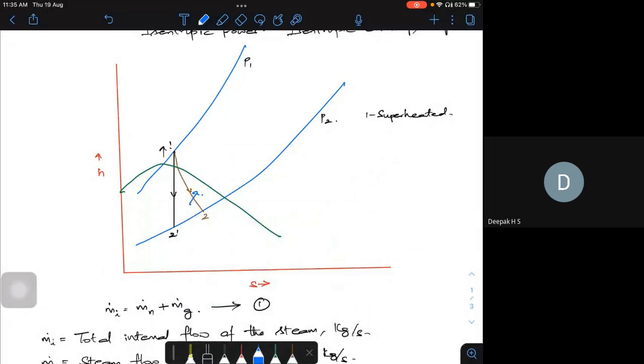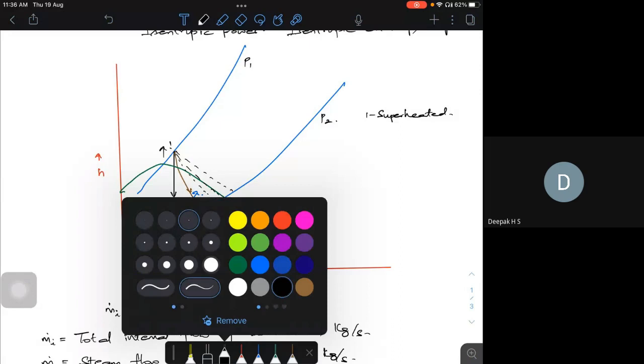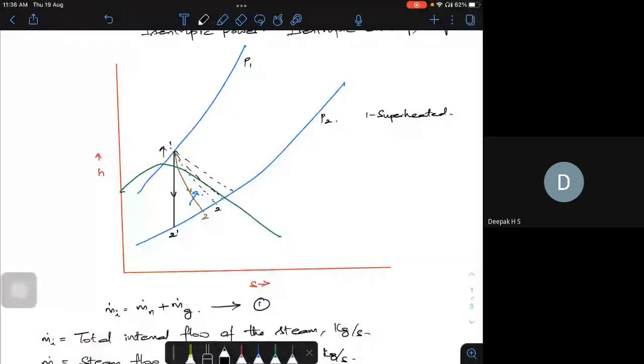So what will happen if that's the case? If this is friction or something like this, I'll be moving towards the right hand side. So the point 2 gets shifted: 2 dash, 2 double dash, with losses.